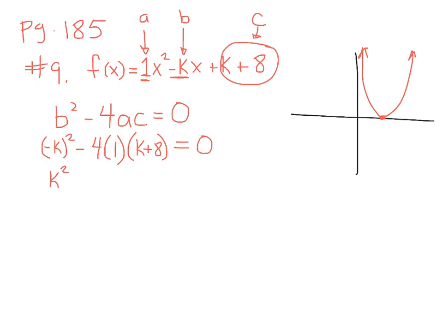And then I'm going to have negative 4 times 1, which is negative 4, times k plus 8. So I have to multiply that out. Be careful here. This is negative 4 times both of those things. So this is k squared minus 4k minus 32 equals 0.